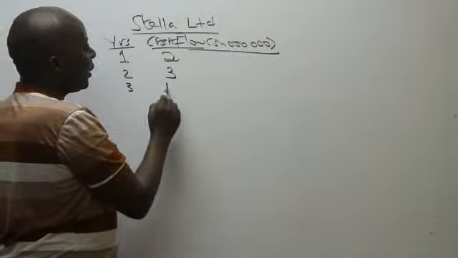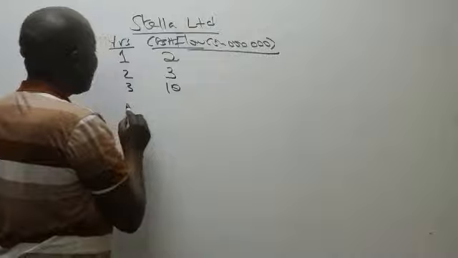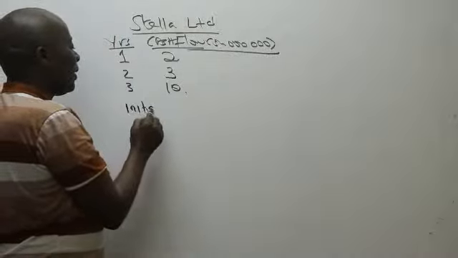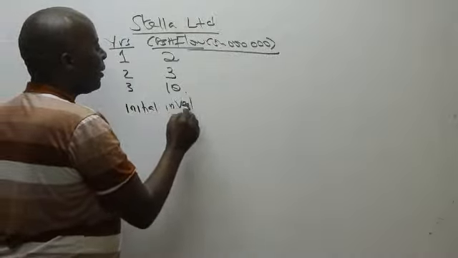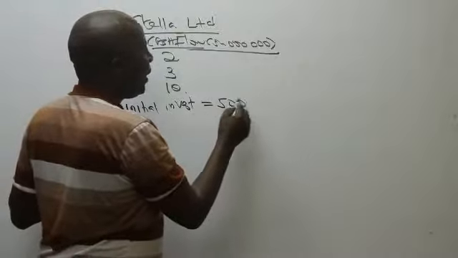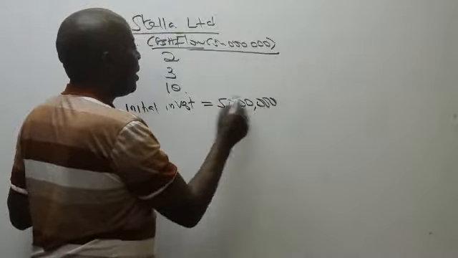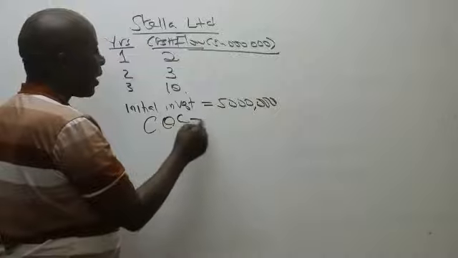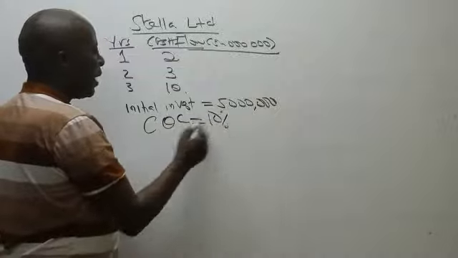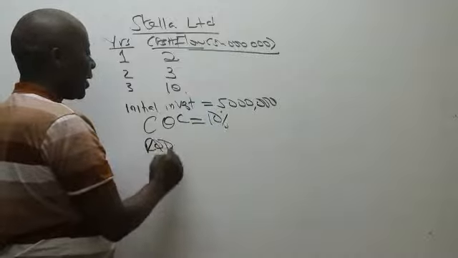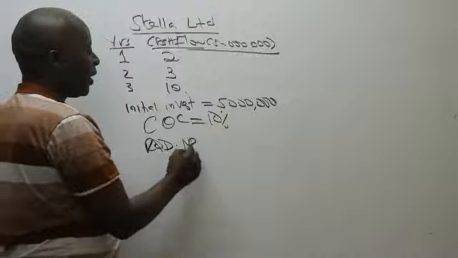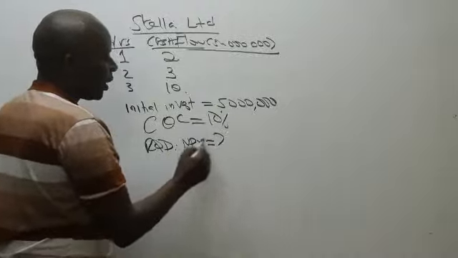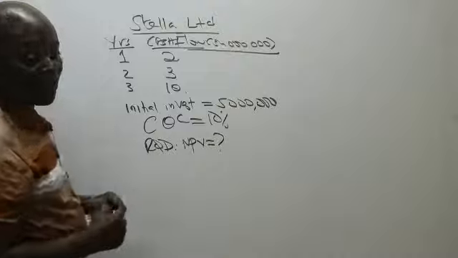Year 3, Stella will get 10 million. And then the initial investment was 5 million. And then her COC is 10%. So we are required to get Stella Limited's net present value.